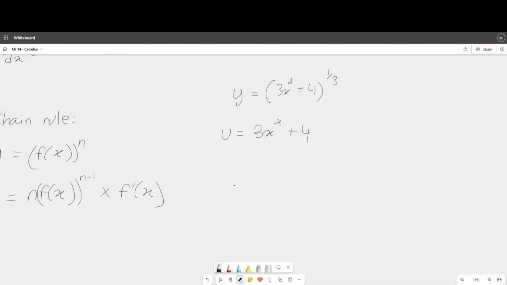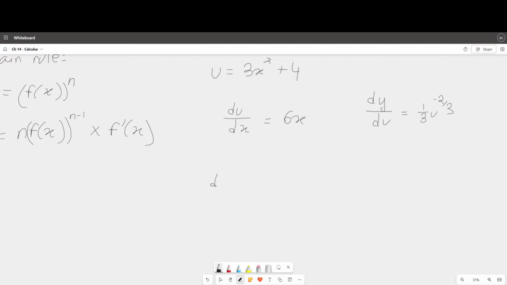Then we find du by dx, the derivative of u with respect to x, using the power rule, we get 6x. And then we represent y in terms of u, so we find dy by du, which again using the power rule will be 1 by 3 u to the power minus 2 by 3. Okay, 1 by 3 minus 1 is minus 2 by 3.